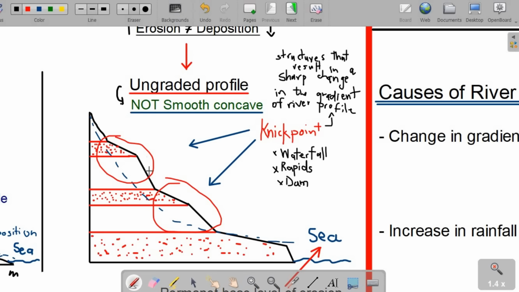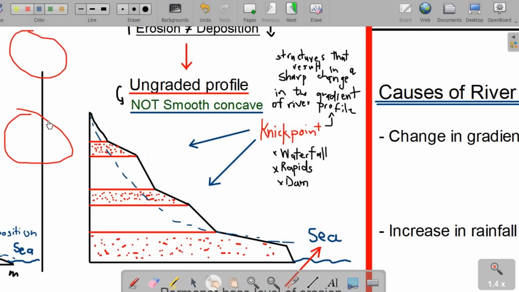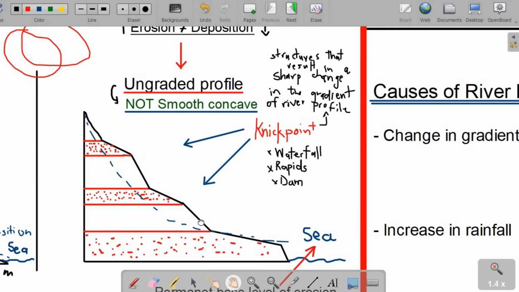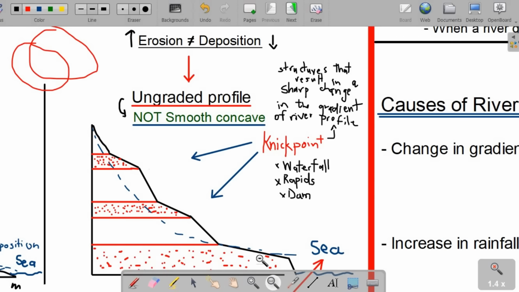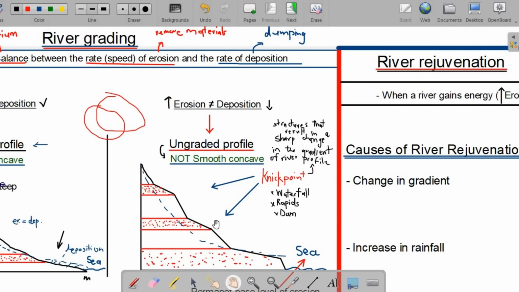So as you can see there, that could be a waterfall, for an example, or these could be rapids. We did take a look at those in the previous video. So if you haven't watched that, please do. We then say that this is an ungraded profile. Any river profile that has these nick points here, we call it ungraded, right?